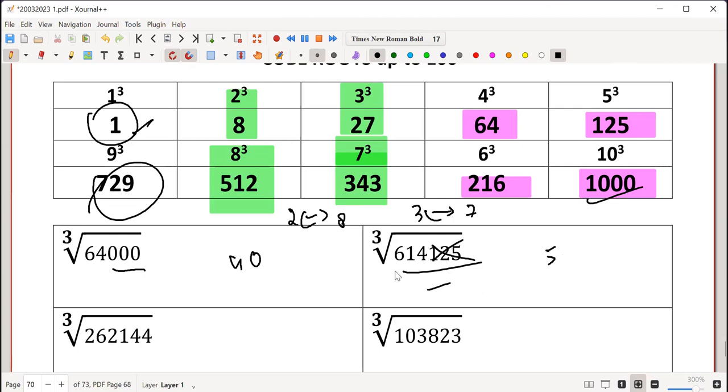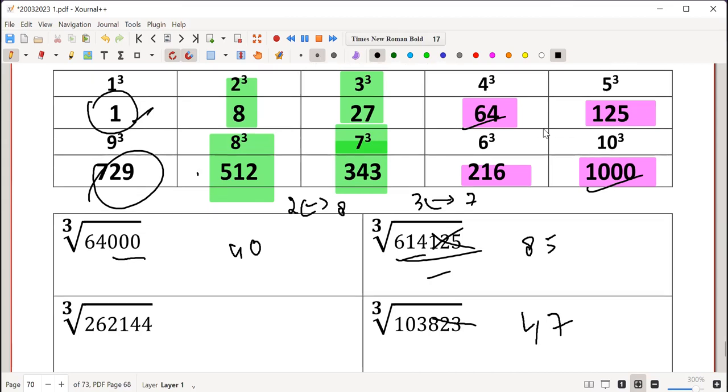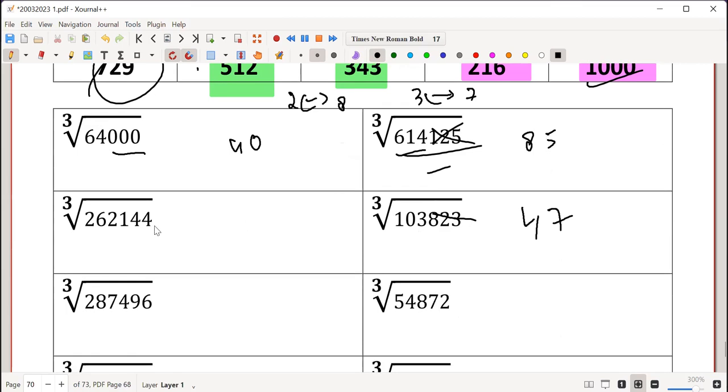Remove the last 3 digits. What is the perfect cube before 640? 5 and 8. So the last digit is 7. The one before 103 is inside. 260.